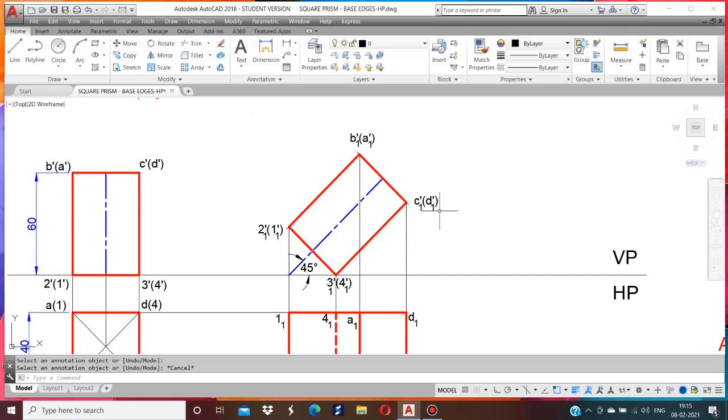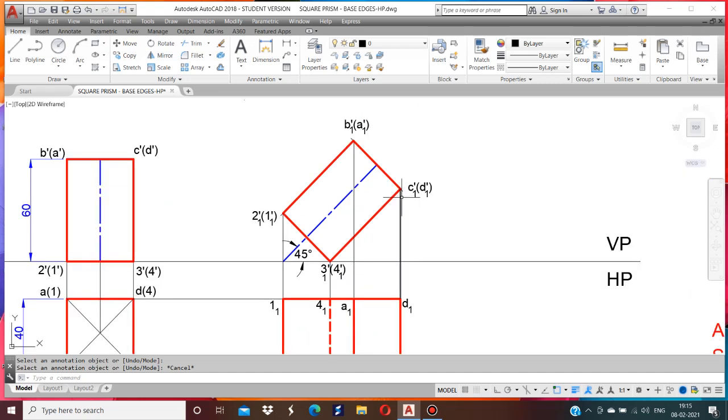Mark as C1 dash, D1 dash. Now draw a parallel line to 3 1, 2 1 from here. Then from here draw a perpendicular line. The intersection point is B1 dash, A1 dash. So construct this rectangle.